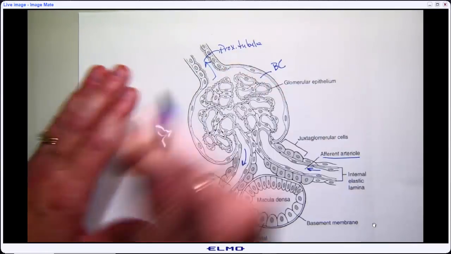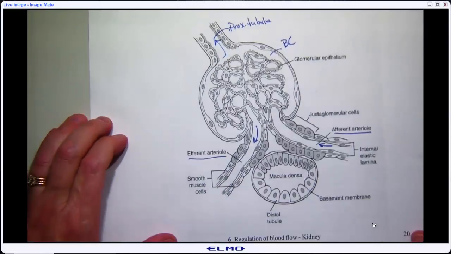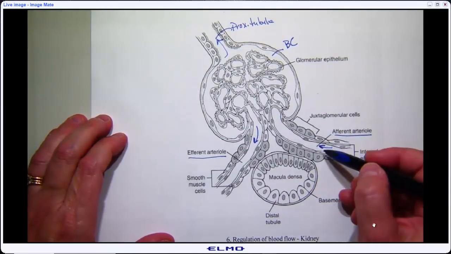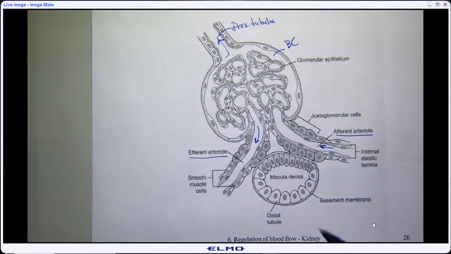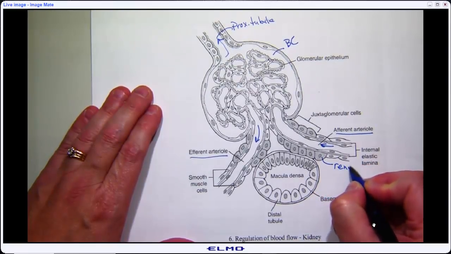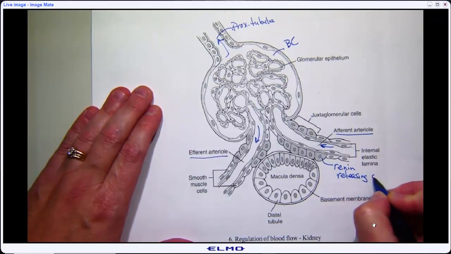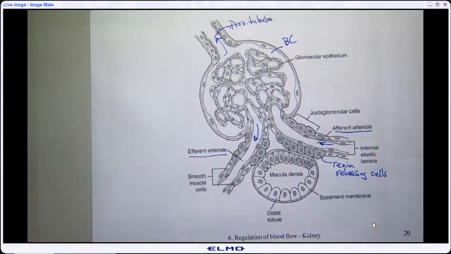Okay, so this is really just a cross-section of the glomerular capillary bed, Bowman's capsule, and stuff going on there. We've got our afferent and our efferent arterioles, and we have renin-releasing cells here. Okay, that's the first time we've seen those.